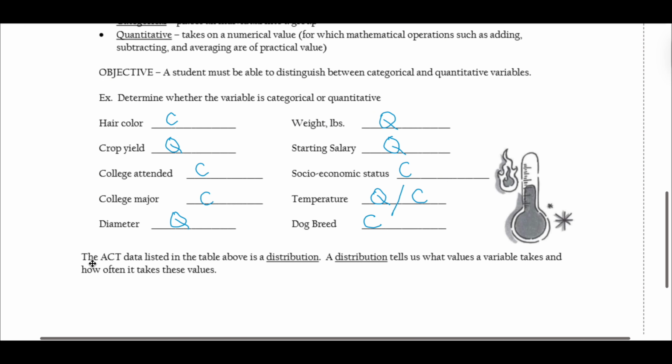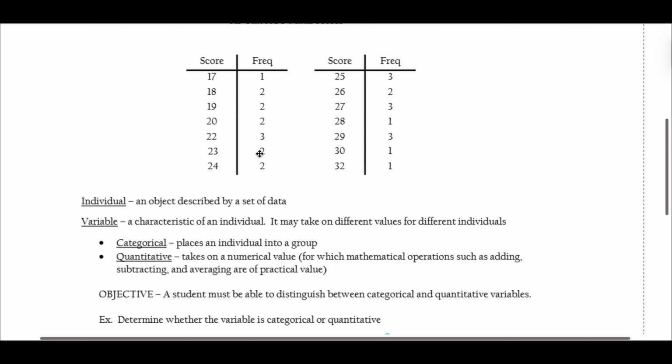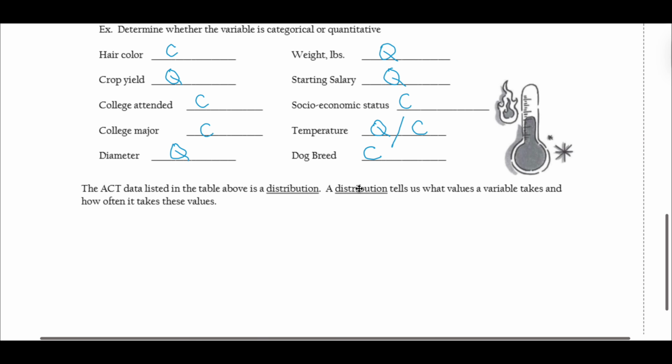And the ACT data listed in the table above is a distribution, which is what we saw right here. A distribution tells us what values a variable takes and how often it takes these values. So distribution is basically how data is spread and how often it takes these values, which basically means frequency.